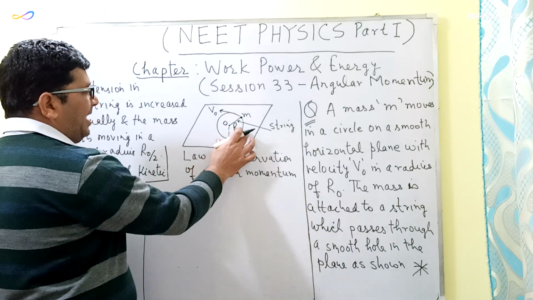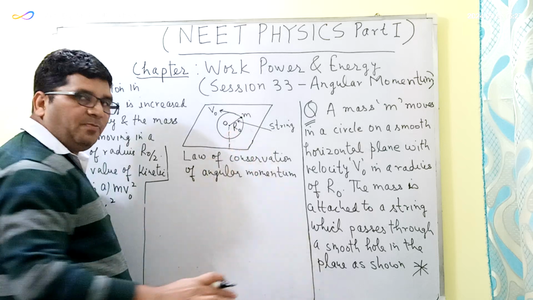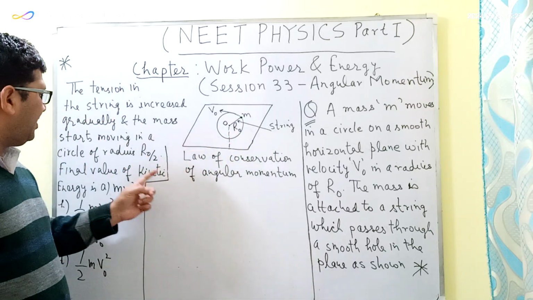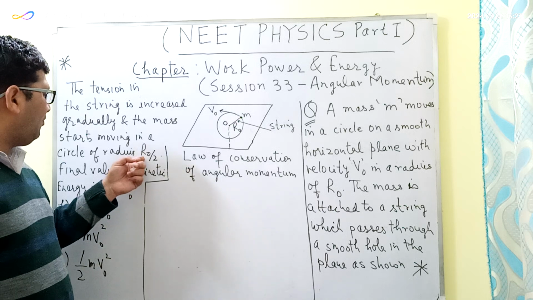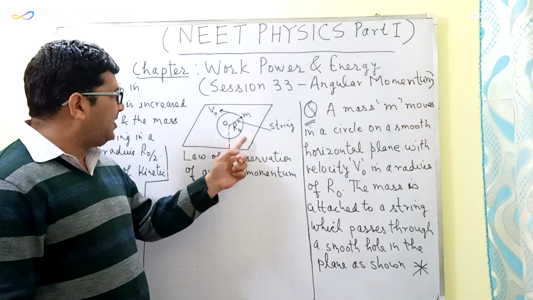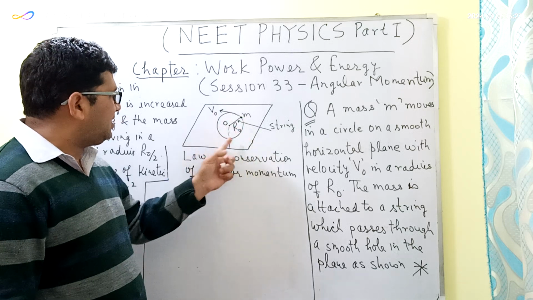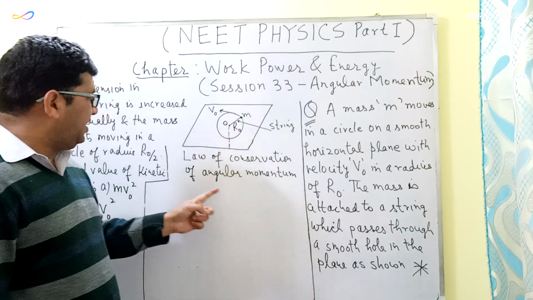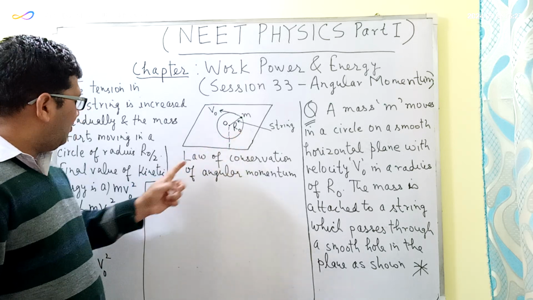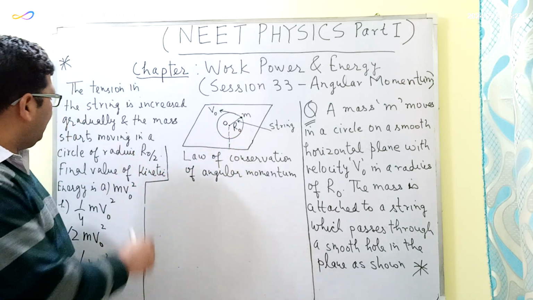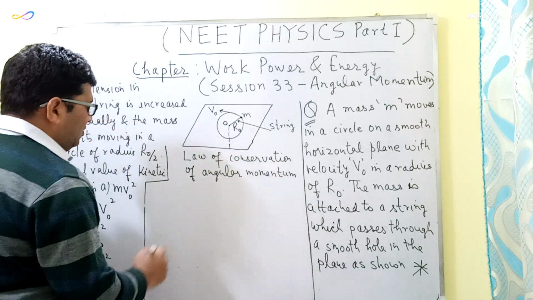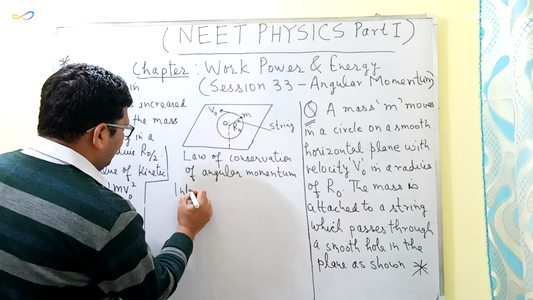That is, the initial angular momentum should be equal to the angular momentum of this body when it is rotating in a radius of r naught divided by 2. That is, the angular momentum of this body when it is rotating in a circle of radius r naught should be equal to the angular momentum of this body when it is rotating in the radius of r naught divided by 2. So, what is the initial angular momentum?